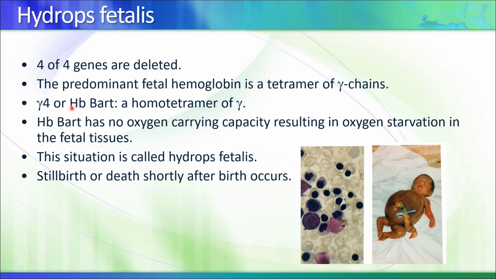Okay, so such hemoglobin is known as Hb Bart. Now Hb Bart has no oxygen carrying capacity, resulting in a fetus that is basically dead. So basically you would have stillbirth or death shortly after birth.